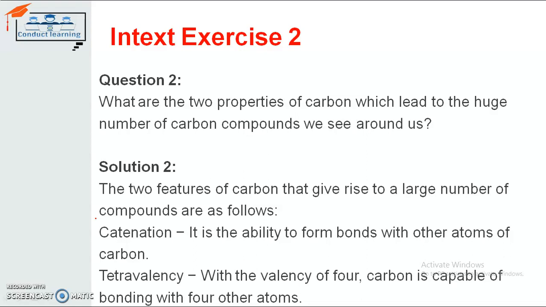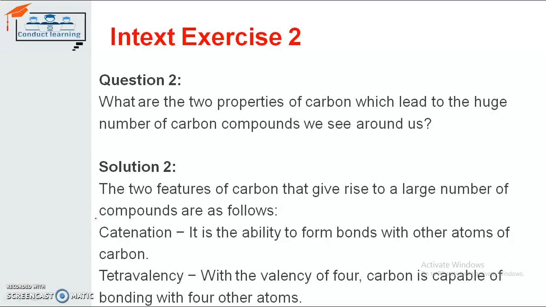That means 30 lakh carbon compounds exist nowadays, because of its two properties only. The first property is catenation. That means it has the ability to form bonds with other carbon atoms. The carbon-carbon chain is possible. So that's why it has a large number of carbon compounds.